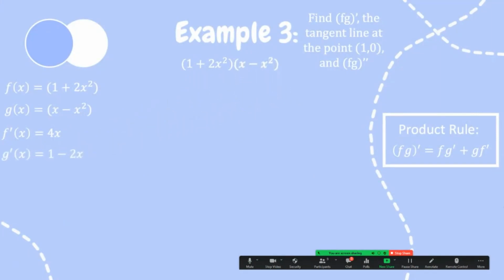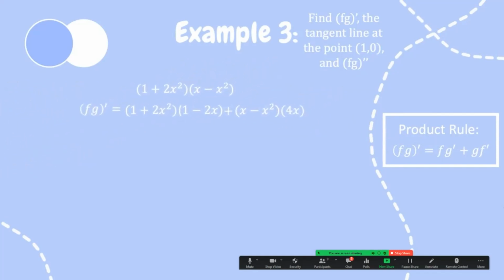Okay, now we can substitute all of that into our product rule equation. So the derivative of f times g is 1 plus 2x squared times 1 minus 2x plus x minus x squared times 4x.